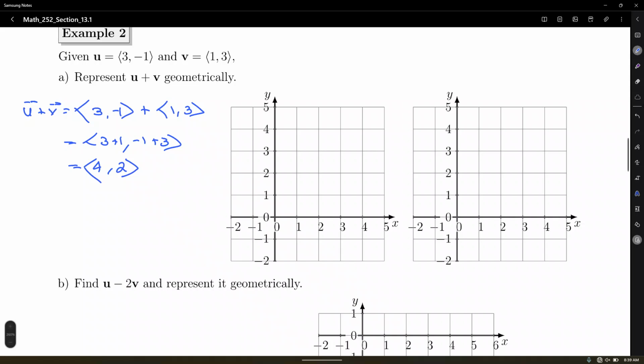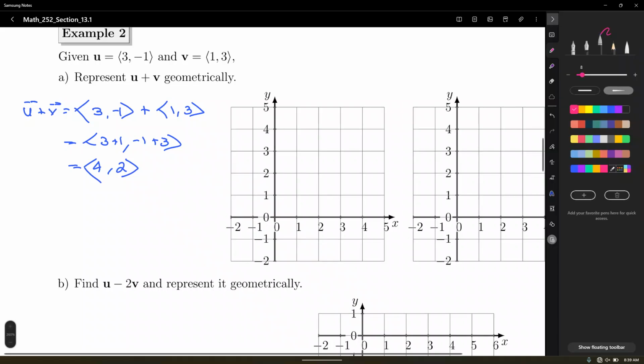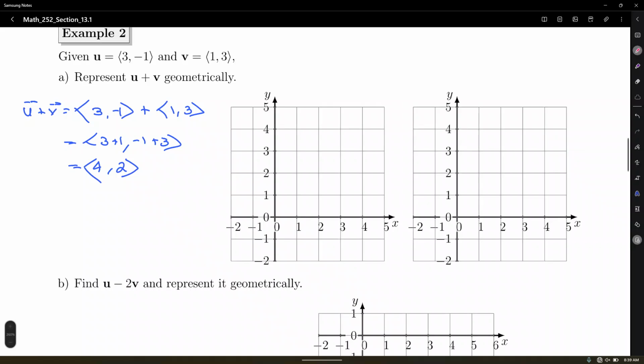But how do we do this triangle thing and parallelogram thing? Well, number 1, I have reserved a Cartesian plane for each method. One for the triangle method and one for the parallelogram method.